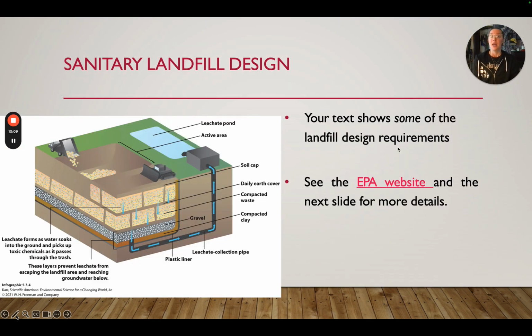Then looking at landfill design here, this is a graphic from your book, which shows some of the landfill design requirements. And I encourage you to check out the EPA website and the next slide for more details. I also encourage you to maybe pause the video or study this graphic nicely in your book.